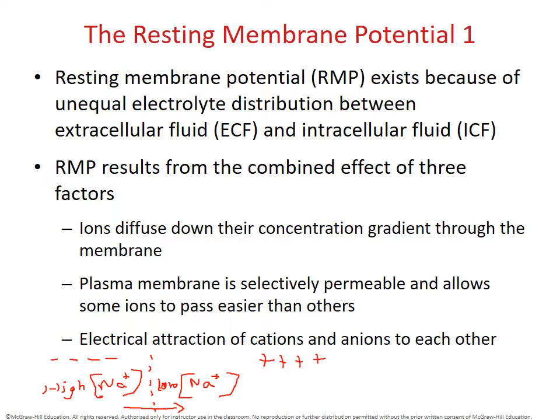Well, again, what we didn't talk about in intro bio is that electrical charge will also affect diffusion, because even though sodium wants to diffuse along its concentration gradient to the right side in this scenario, all this positive charge is going to repel those positively charged sodium ions and represent a force resisting sodium's diffusion. At the same time, all this negative charge on this side is going to be very attractive to those sodium ions and not want to let them diffuse across the barrier to the other side.